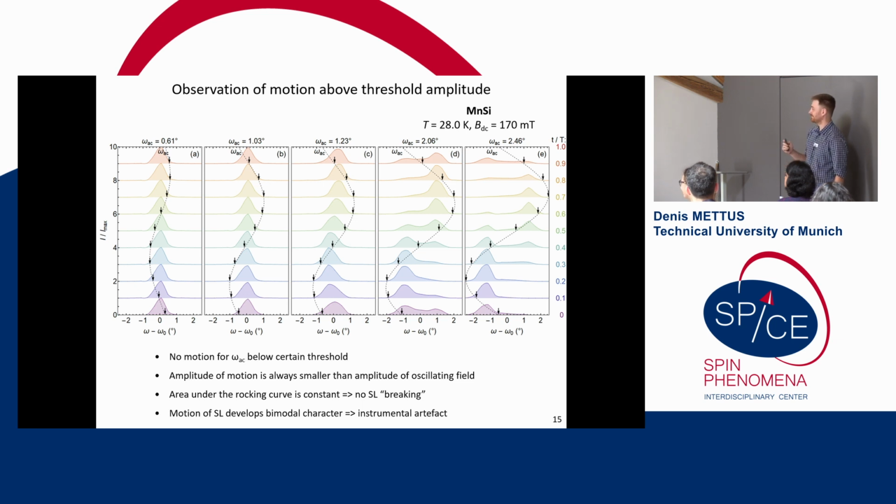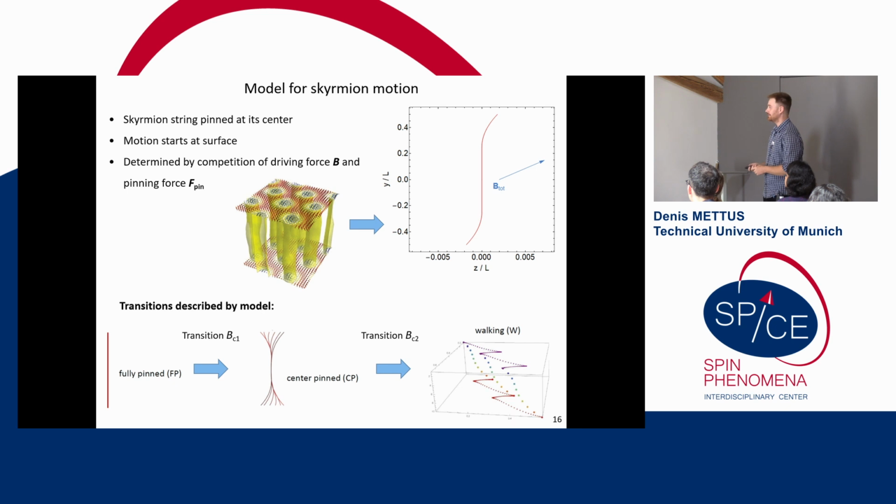So now, we were provided a very nice model of how the skyrmions move. We tried to make some simulation in this model and see how the experimental results based on the model would look, and what we should expect from the data in order to better understand it. So just a quick recap of what Alla said: we have a skyrmion string, which is originally pinned at the center, and the motion starts at the ends of the string, top and bottom.